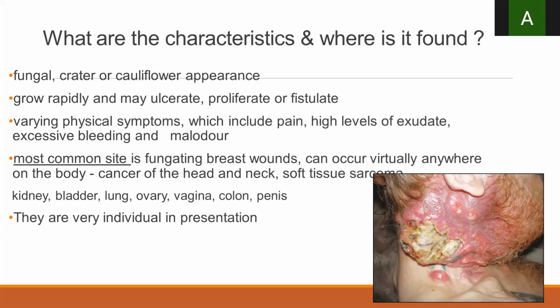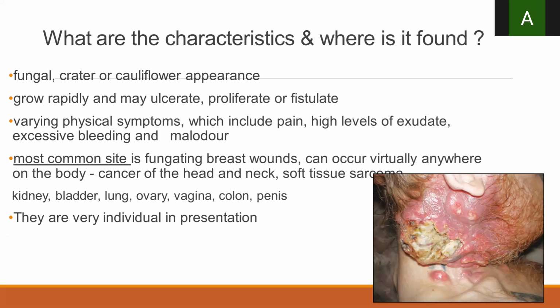It will grow very rapidly, and it will ulcerate and proliferate, and many times fistulate into the tissue just below, to other organs. It will produce varying physical symptoms, mainly including pain and high levels of exudate.